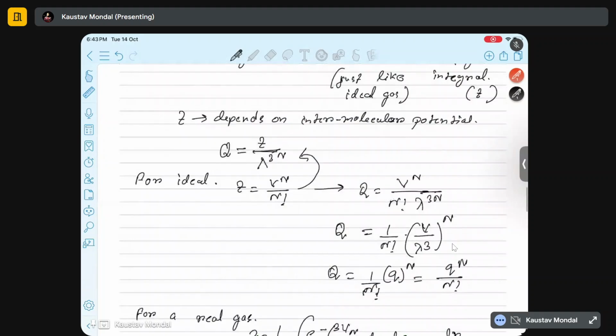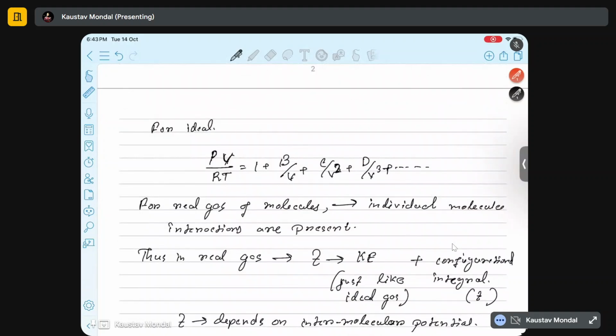So what we basically did, for a real gas, we started from how its expression looks like. What makes the real gas separate from an ideal gas? The real gas has interatomic potentials, right? So the molecules inside the gas are facing interaction and repulsion because of this potential.